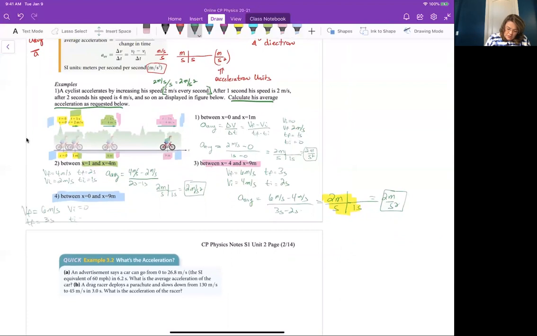T initial was 0. The average acceleration is equal to 6 meters per second minus 0 over 3 seconds minus 0. I get 6 meters per second divided by 3 seconds, which gives me 2 meters per second squared.